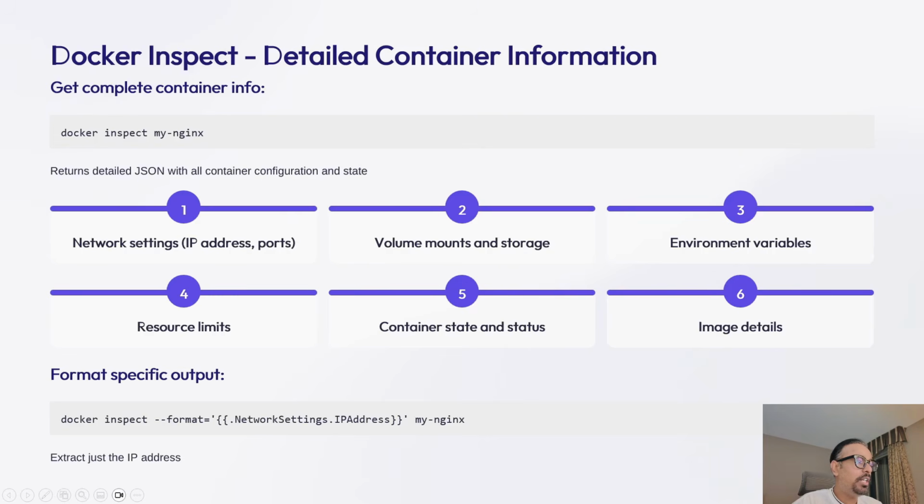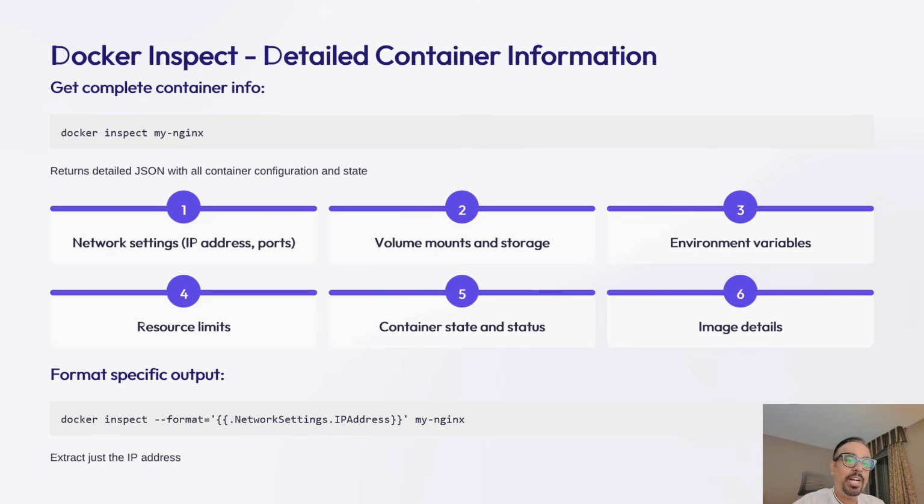Now, let's see the next command, which is docker inspect. When you need detailed information about a container, docker inspect is your tool. While docker ps gives you a quick overview, inspect is going to give you everything about that container. When you run docker inspect my nginx, it is going to give you the JSON output with every minute detail about that container.